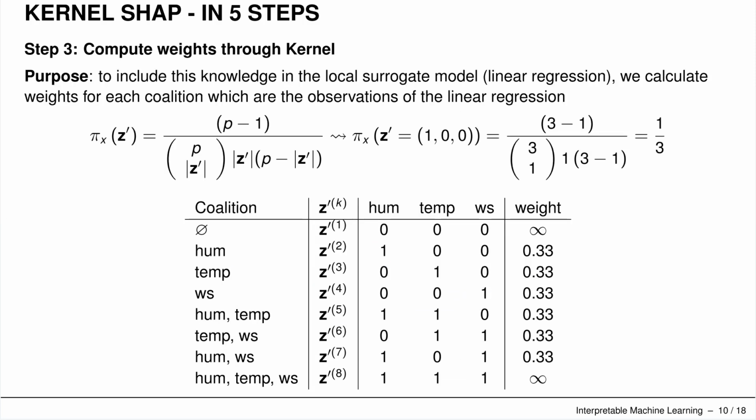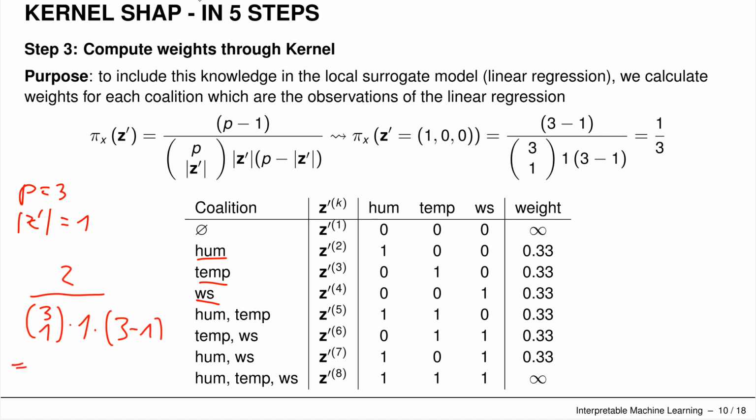So by example, we can calculate it here. We have P equals 3. And if we now have just one feature in, so those are this and this row, we will have 3 minus 1, which is 2, over 3 over 1 times 1 times 3 minus 1.